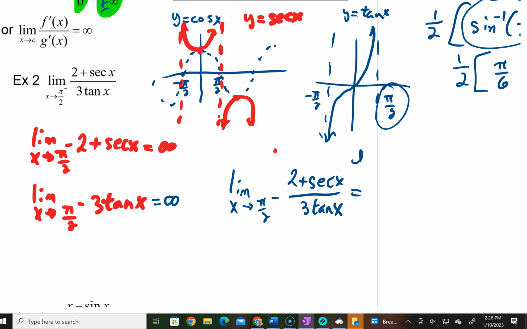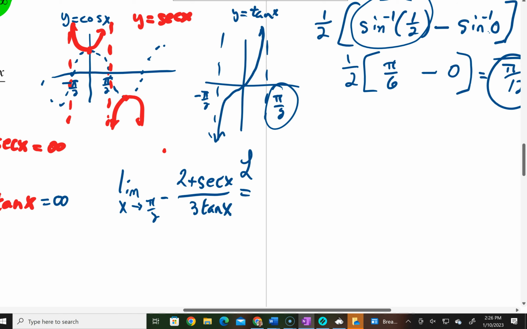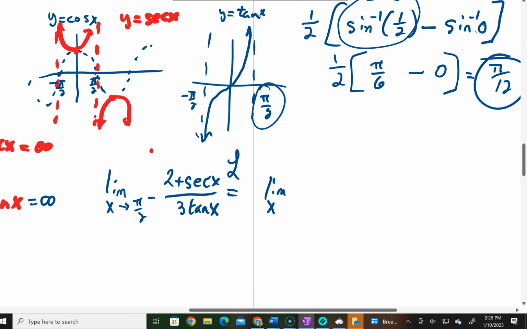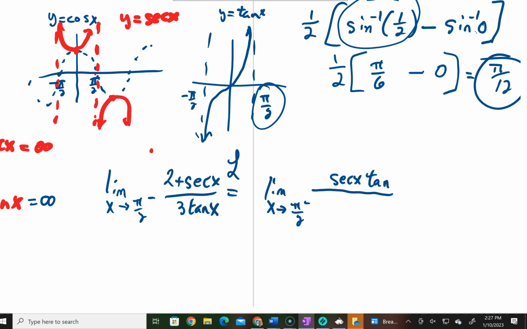I'm going to put this cursive letter L here and say, hey, I've shown you that I checked if L'Hopital's rule applies. What's the derivative of 2 plus secant x? What do we get? Secant tangent. The derivative of secant is just secant tangent. And the derivative of 2 goes away. Hey, what's the derivative of just tangent? Secant squared.